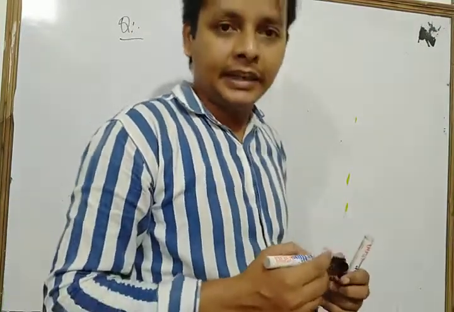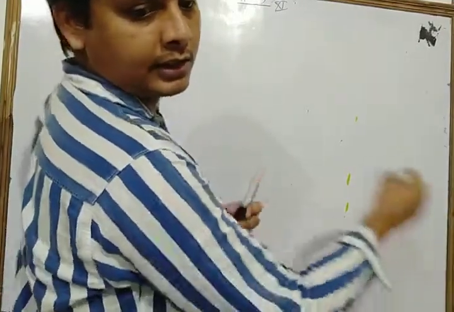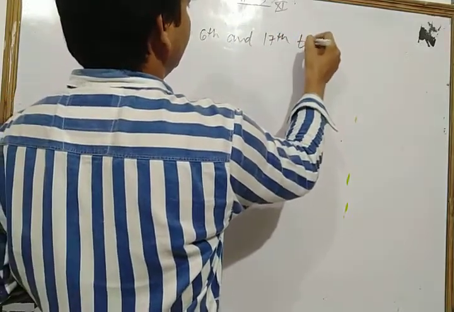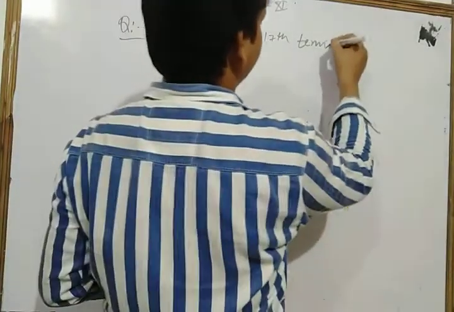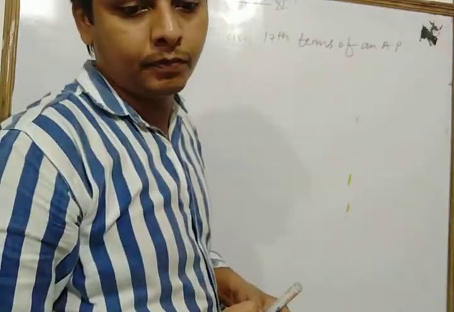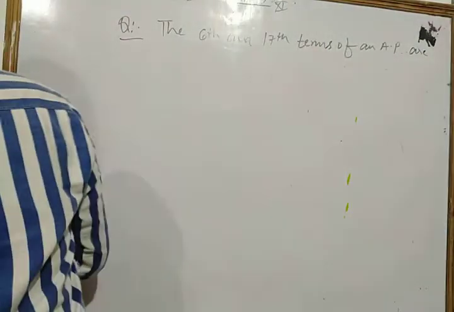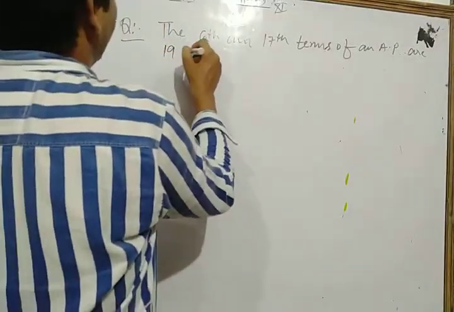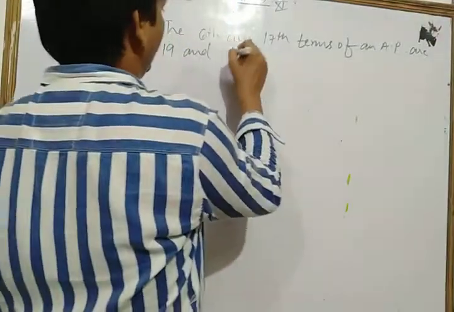The sixth and 17th terms of an AP are 19 and 41 respectively.